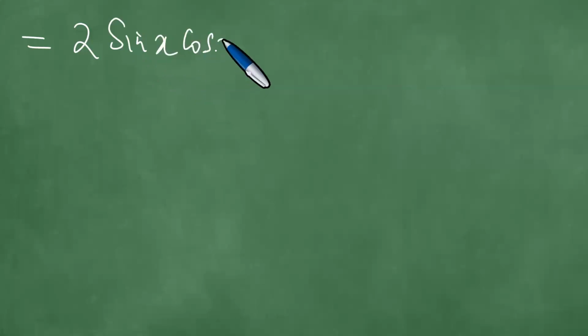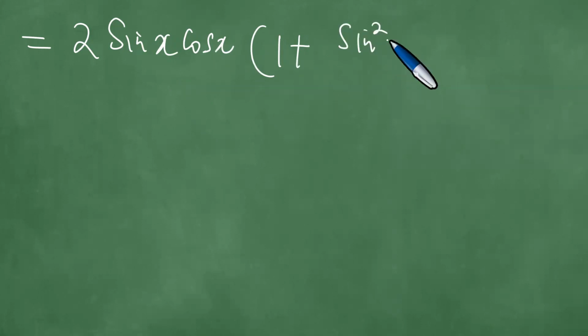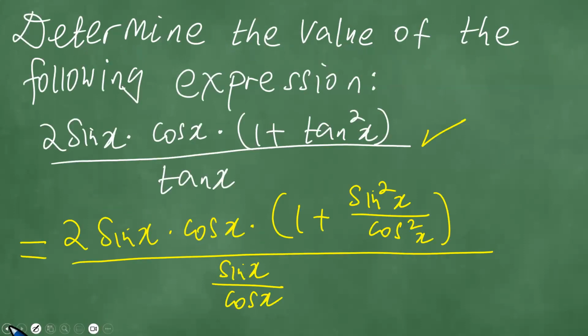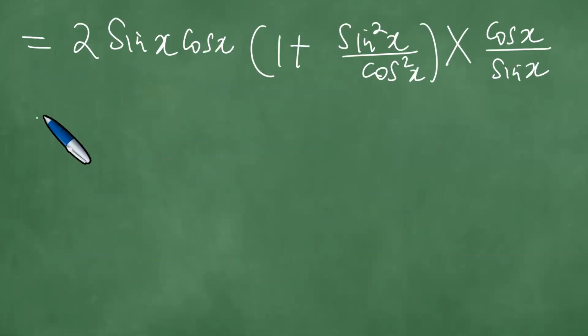So this equals 2 sine x cosine x into 1 plus sine squared x over cosine squared x. You multiply by cosine x over sine x. So you reciprocate this, it becomes cosine x over sine x.